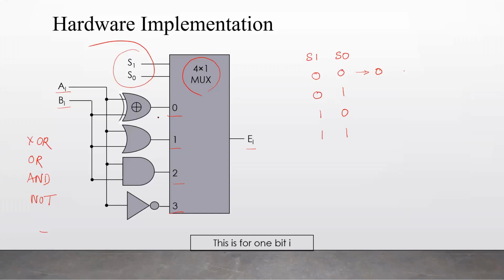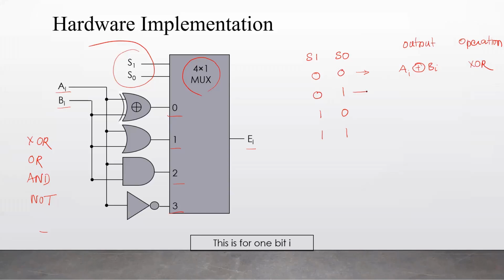Based on this circuit, the output is AI, the first bit, AI exclusive OR BI. This is the output, and the operation performed is XOR.